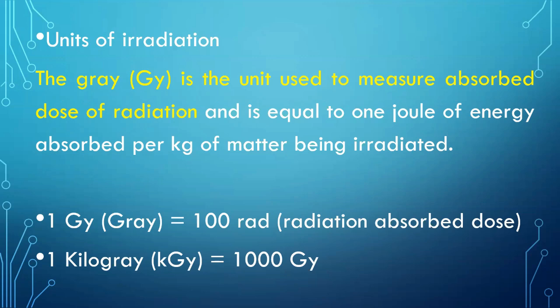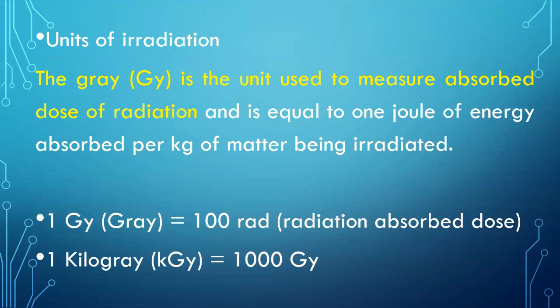The gray, that is Gy, capital G, small y, is the unit used to measure absorbed dose of radiation and is equal to 1 joule of energy absorbed per kg of matter being irradiated.